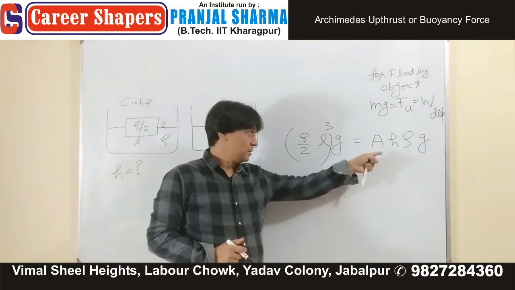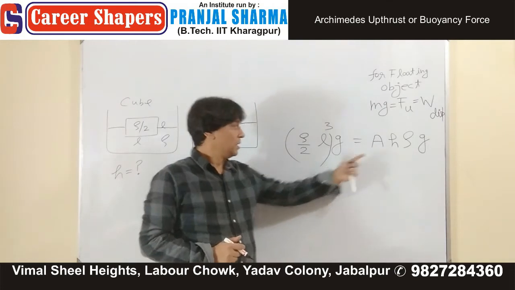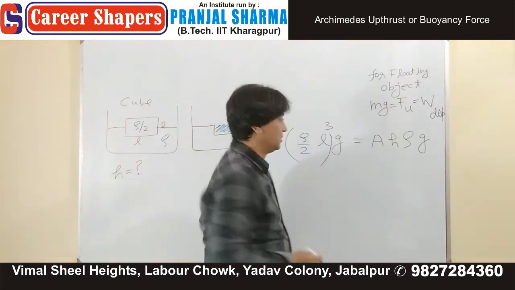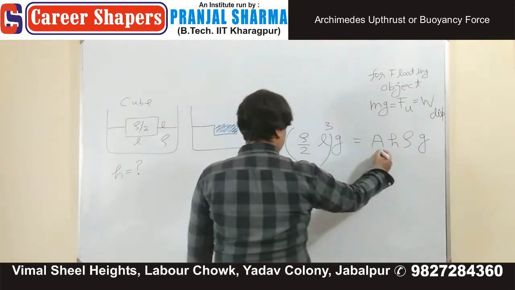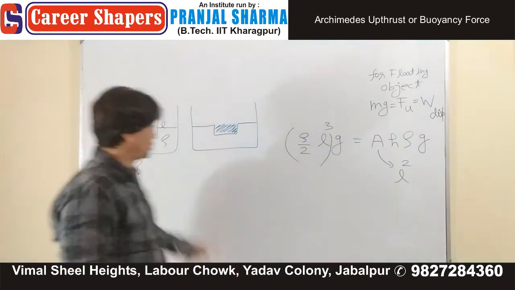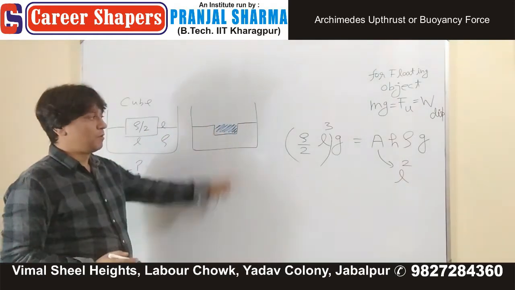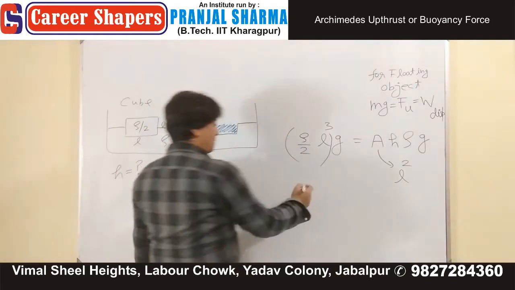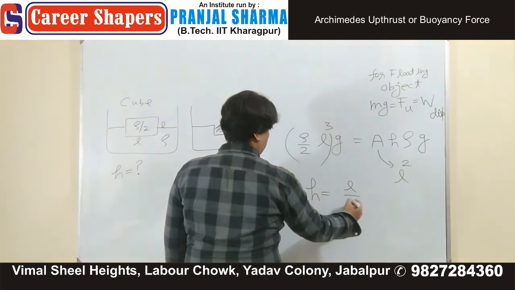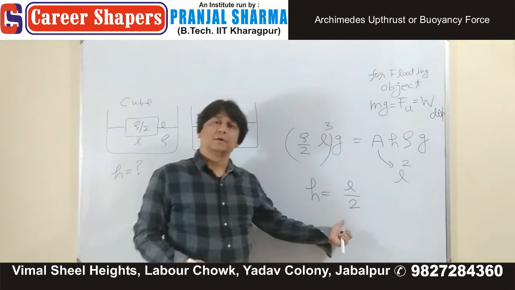This side is for the object, this side is for the liquid. What is A? L square. It's a cube, and therefore base area will be L square. Everything cancels and you get h as what? L by 2.